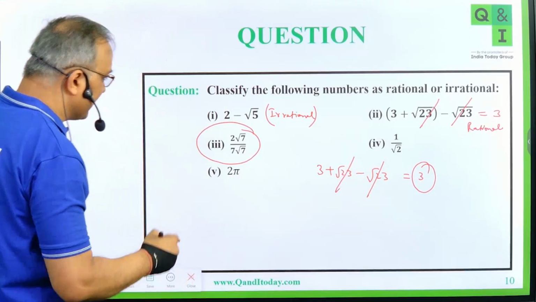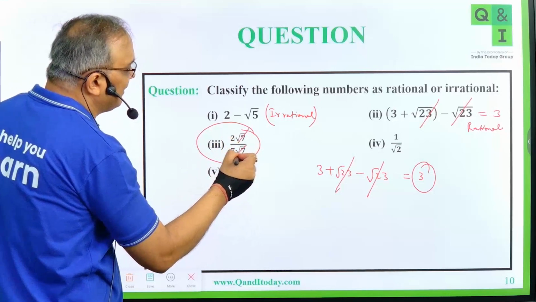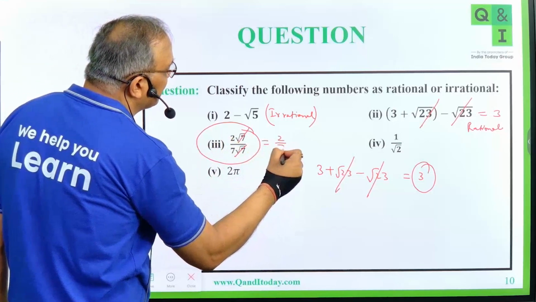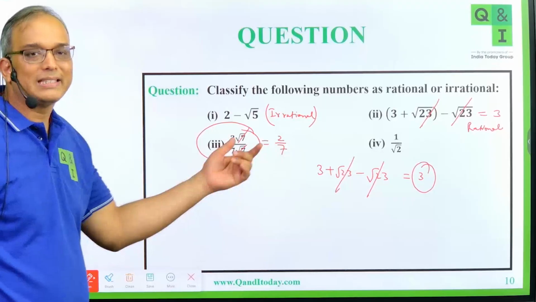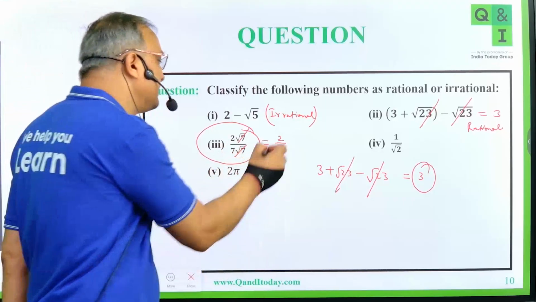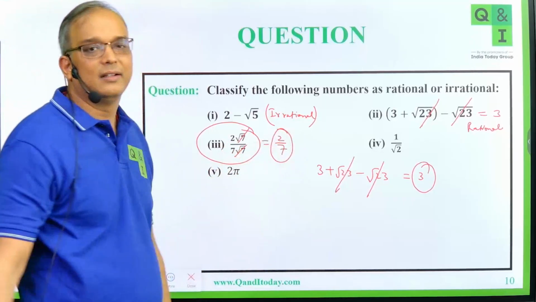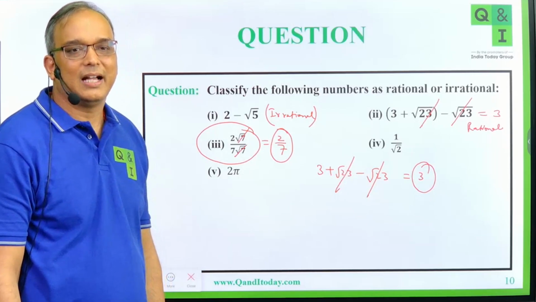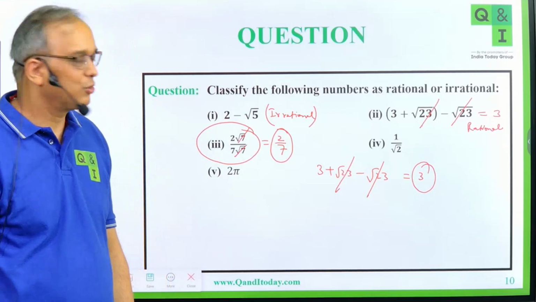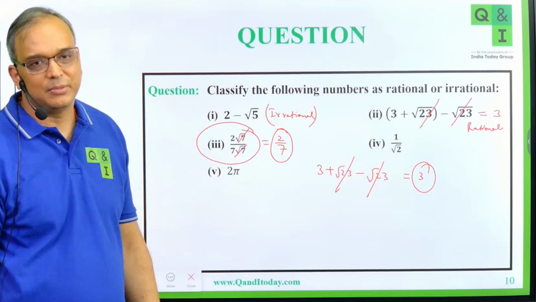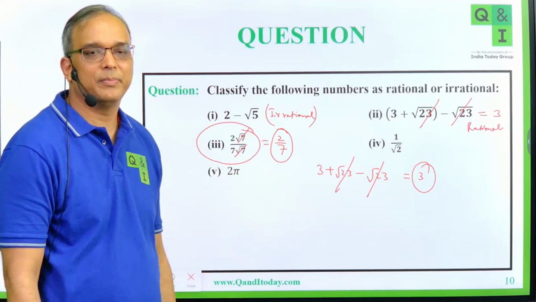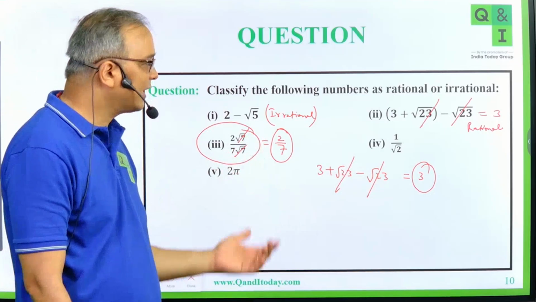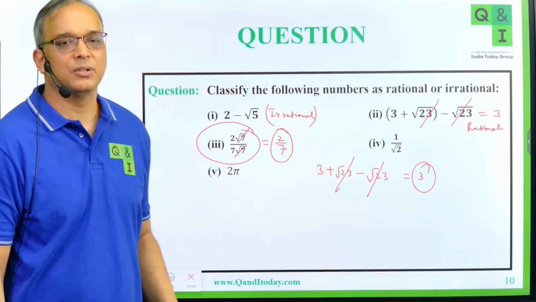If you see here, we can cancel root 7 in both numerator and denominator, and this is equal to 2 by 7. 2 by 7 is of the form P by Q, and this is rational. Yes, you are correct, Anay. Aditi and Samagn, you guys are also correct. This is a rational number because we can represent it in the form P by Q, where P and Q are integers and Q is not equal to 0.